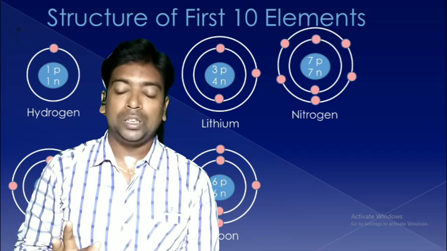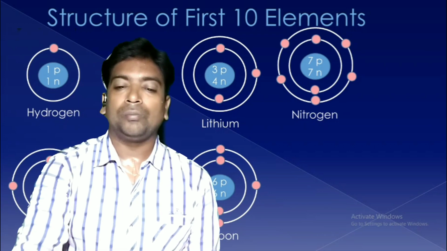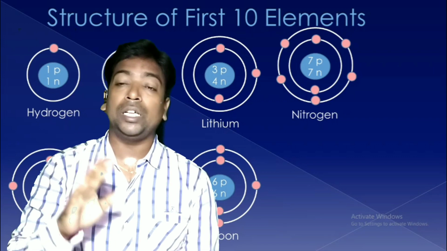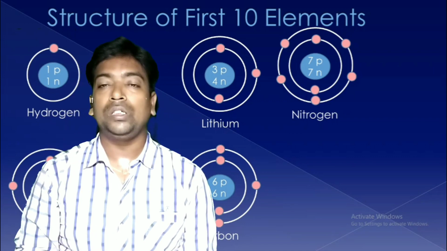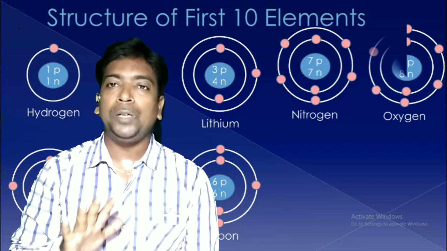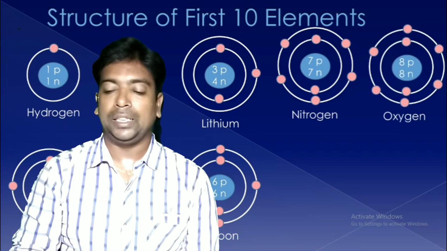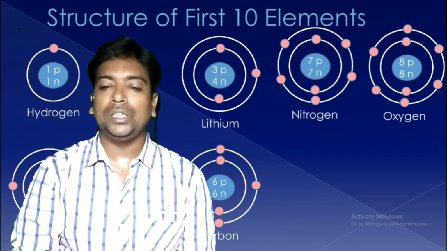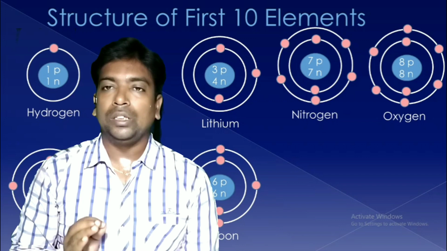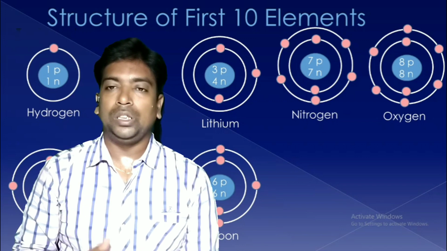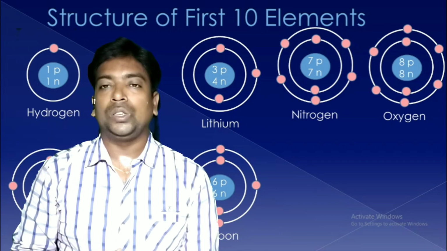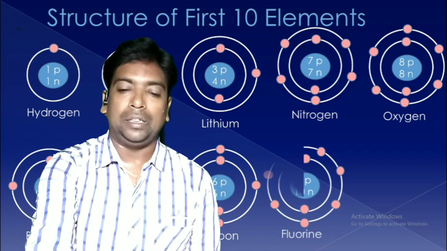Now we'll proceed. Next is nitrogen: 7 protons, 7 neutrons in the nucleus, 2 electrons in the first shell and 5 electrons in the second shell. Oxygen: 8 protons, 8 neutrons in the nucleus, 2 electrons in the first shell and 6 electrons in the second shell.